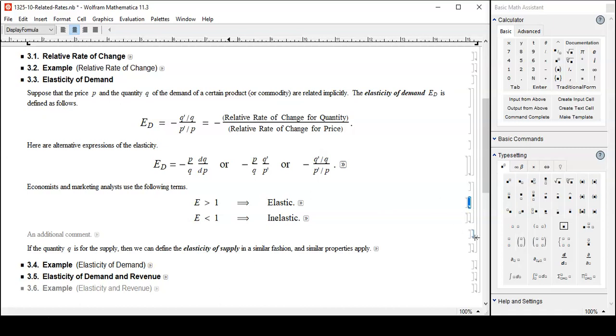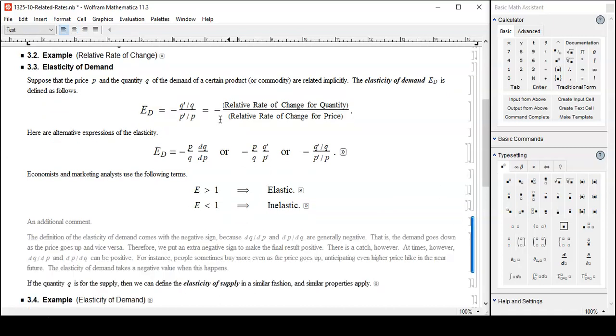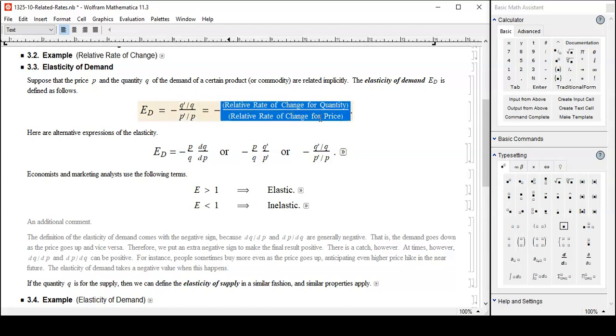One more additional comment. I told you about this negative sign before because we need the extra negative because this quantity, the highlighted quantity, tends to be negative usually. Why is that? Well, the change of demand and the change of price are usually negatively correlated.